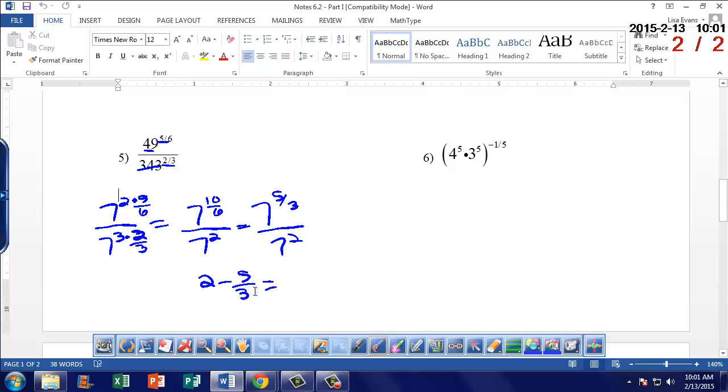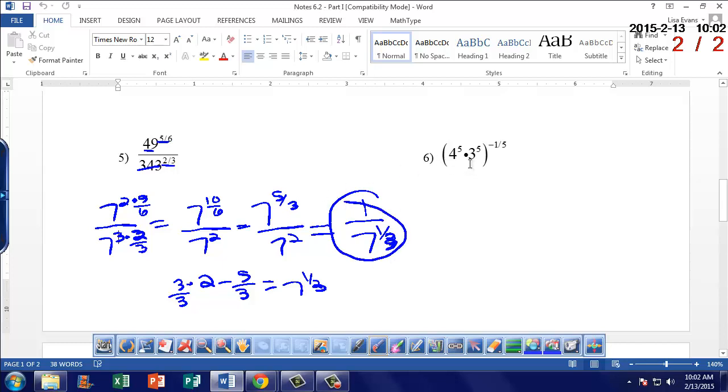If you want, try putting it in your calculator. Otherwise, we can make them have a common denominator by multiplying this fraction by 3/3. So you get 6/3 minus 5/3 is 1/3. Now the bigger exponent is on the bottom, so that's where we want to keep it. 1 over 7 to the 1/3. And like I said, that's about as tricky as it gets. You have to change the bases.